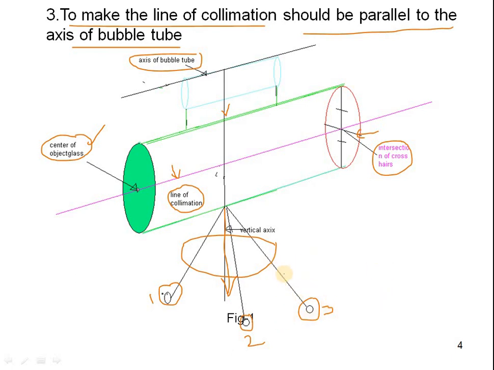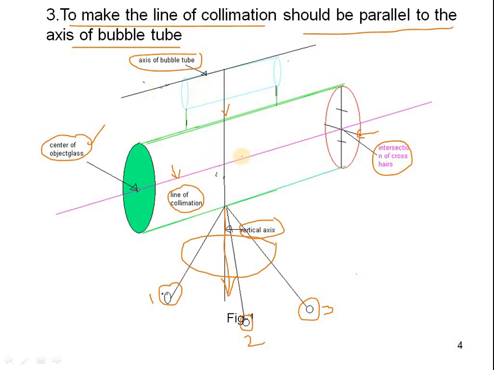The line which is there, we can call this the vertical axis. This is the vertical axis, at the center of the line of collimation. This total one is the bubble tube. This is nothing but to make the line of collimation parallel to the axis of bubble tube.